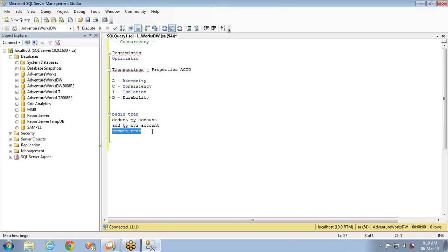Let's take the same example. I'm transferring an amount from one account to another account. Before transferring, if my account has a balance of 2 lakh rupees and I transfer 1 lakh using this query, and this guy's account, XYZ, was having only, let's say, 50,000 rupees.